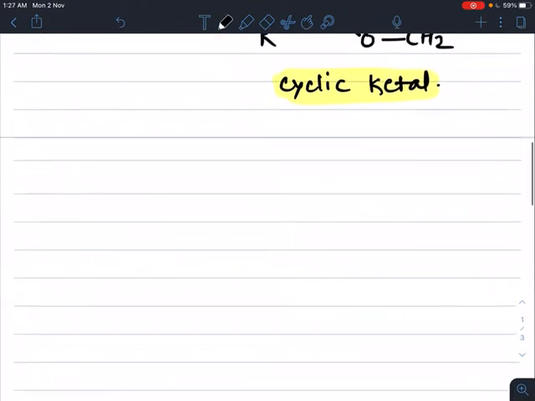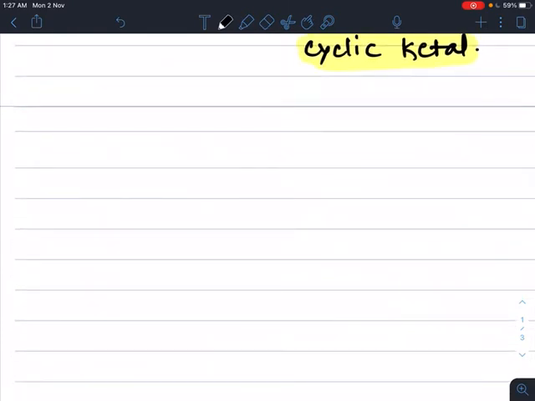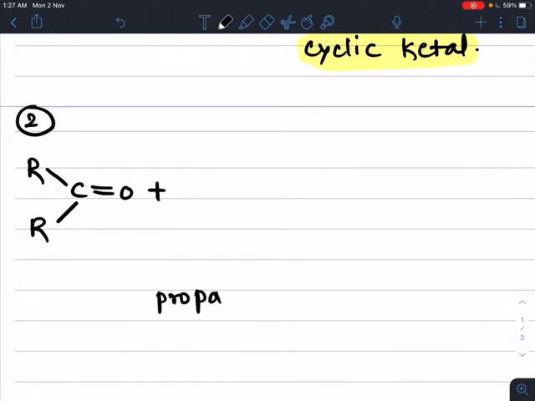So the second example of an addition reaction with a ketone is when any ketone, with general formula RCOR, is treated with a 1,3 diol. So if we take the example of propane 1,3 diol, what is the formula of 1,3 diol?